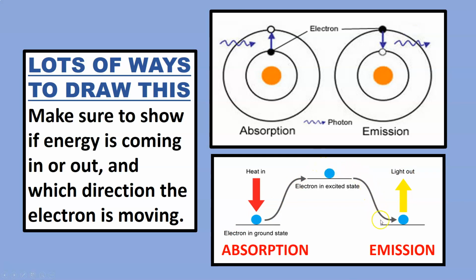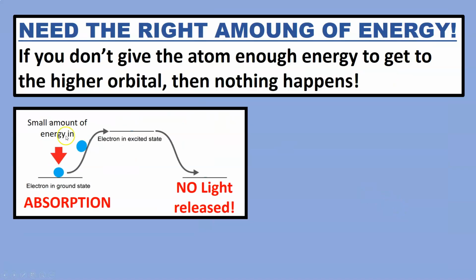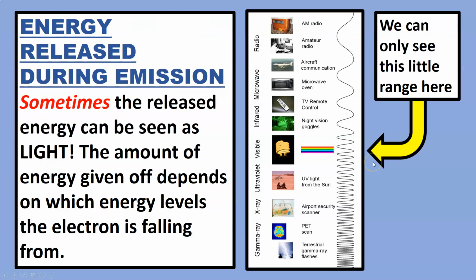Emission is when it falls back down and releases the energy. If we're lucky, it will be in the correct wavelength for us to see it. If you don't have enough energy, you can't jump to the next level, so you're not going to see light released. We can only see a tiny little window of visible light. A lot of it's not going to be visible.